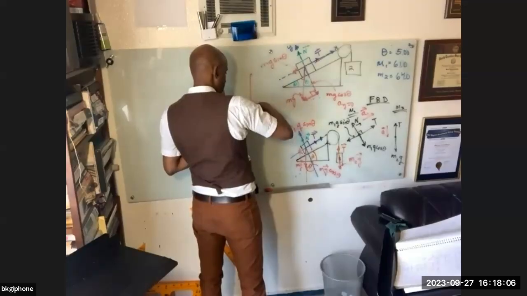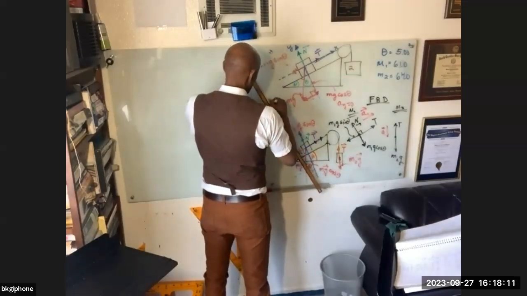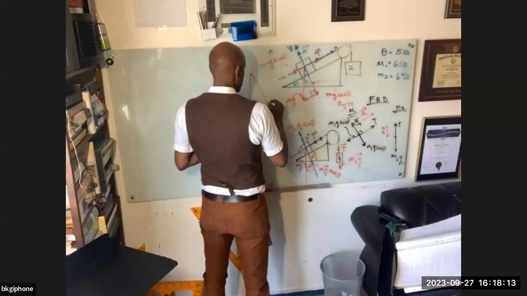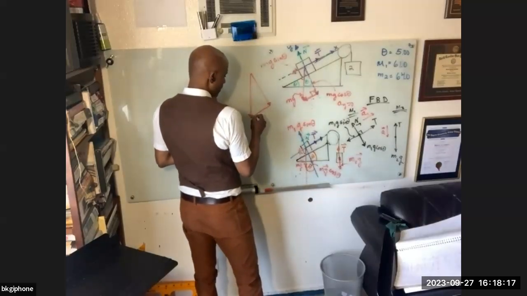I can either go straight down like that, or I could go along the y-axis first in this direction, and then along the x-axis, or the negative x-axis, in that direction.